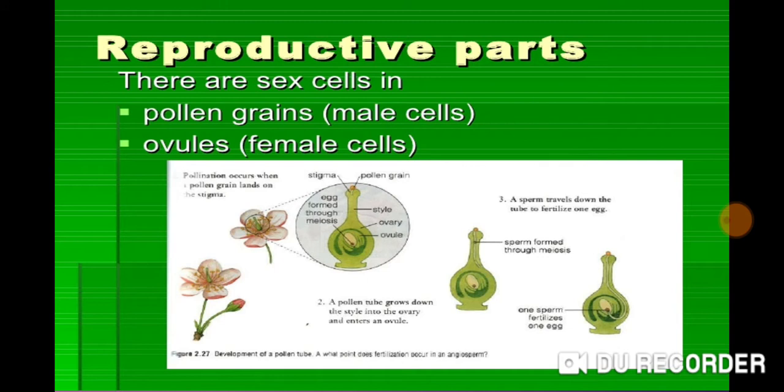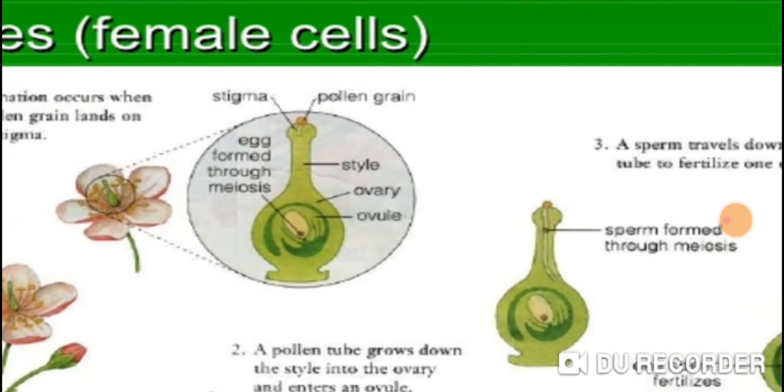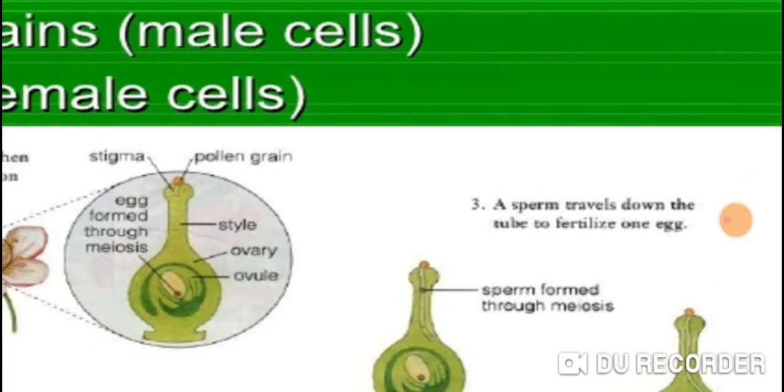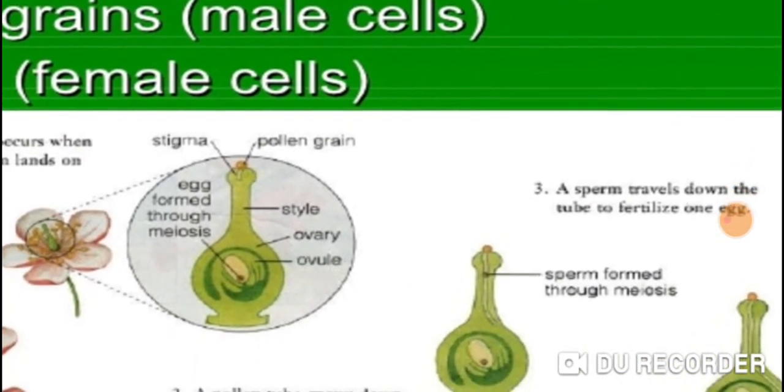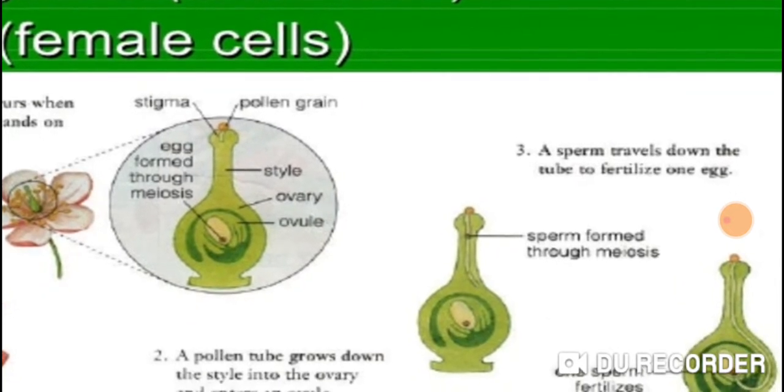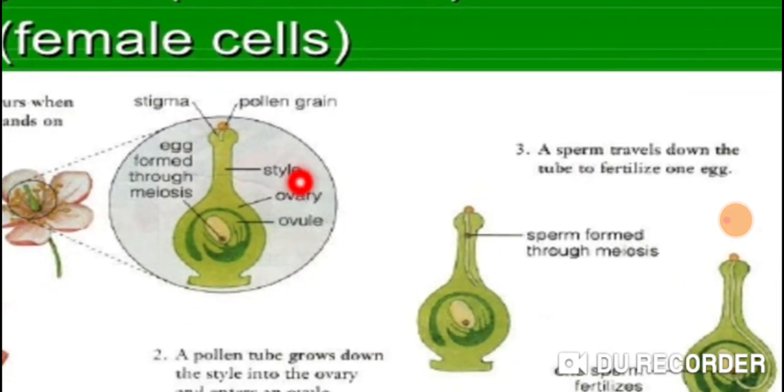Now the reproductive parts. This is the reproductive part which is in the bud of the flower. Here you can see in a larger view, the central piece is the ovule, then the outer coat is the ovary, then we have the stalk, the style, and here on the stigma the pollen grains align themselves for pollination.